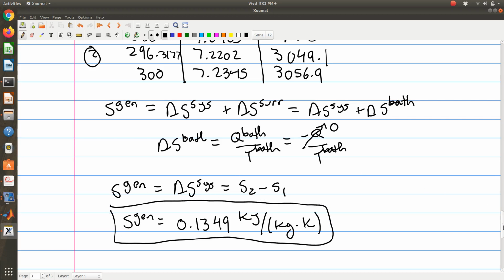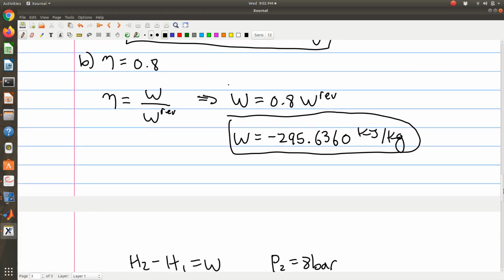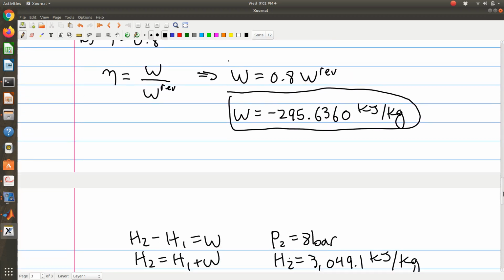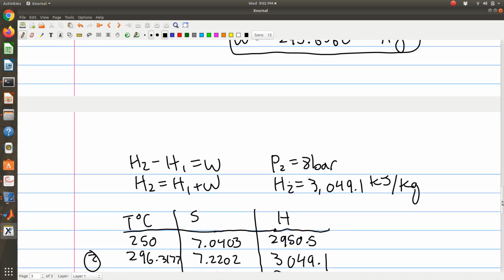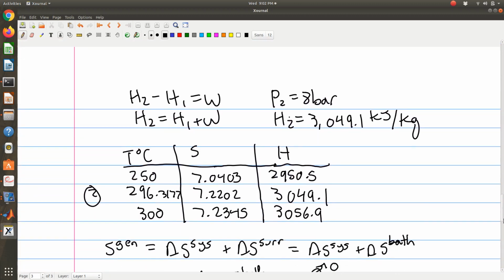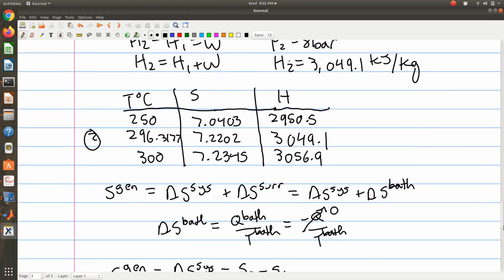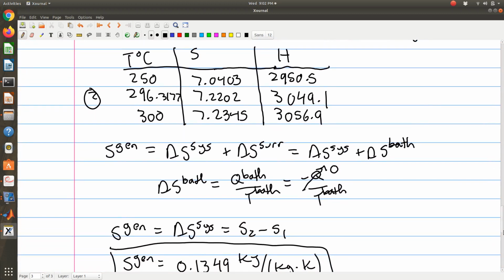All right, so what do we have? From our efficiency equation, we calculated our actual work. With our actual work, we were able to solve for H2 from our energy balance. Once we had H2 and our pressure of 8 bar, we were able to find the corresponding temperature and entropy.